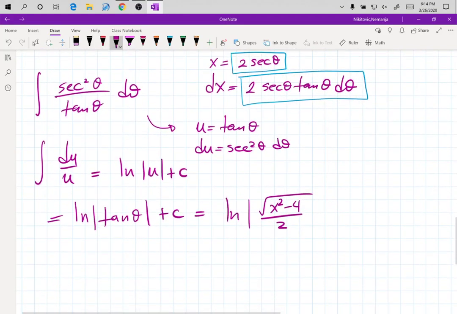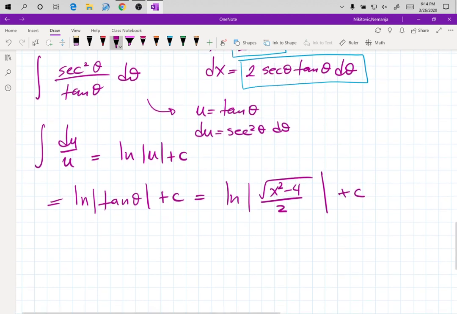So ln of the absolute value of the square root of x squared minus 4 over 2, plus c. So we just fix this to look like the other answers and we're good to go.